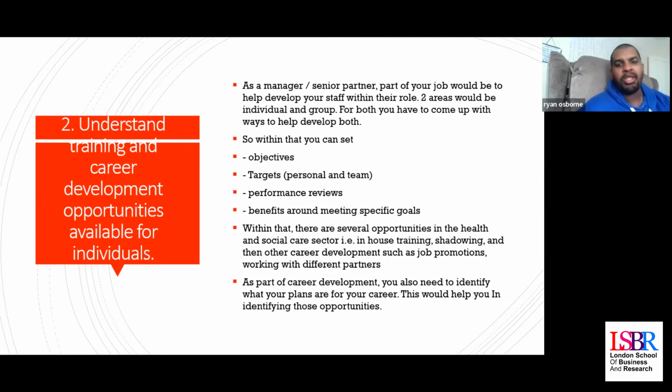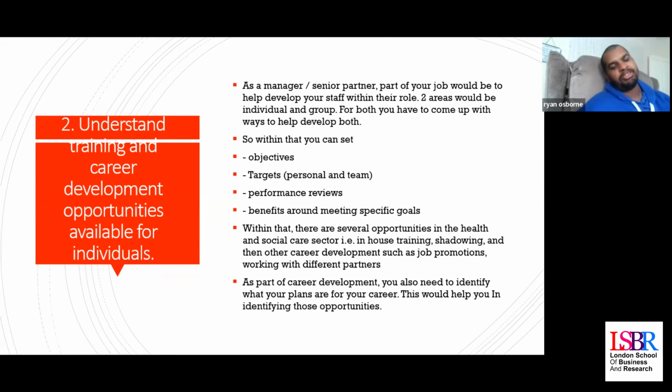Now, when it comes to group development, you can set targets for the group as a whole. It can be a team of 5 people, a team of 10, a whole department, or maybe the whole setting, where everybody needs to be developed.